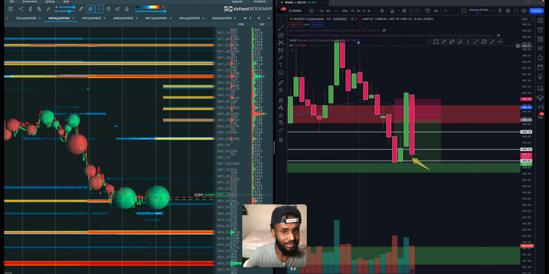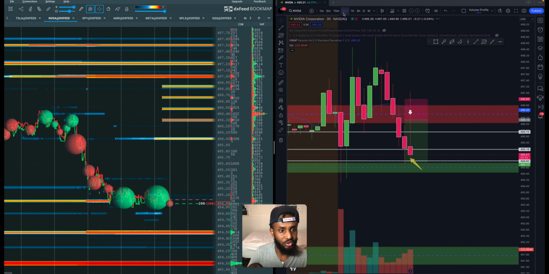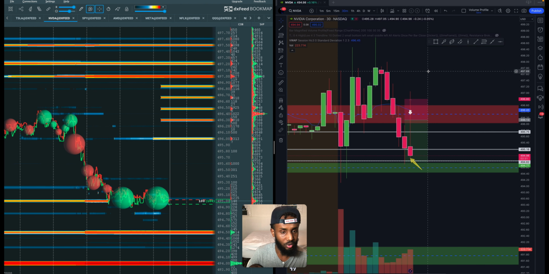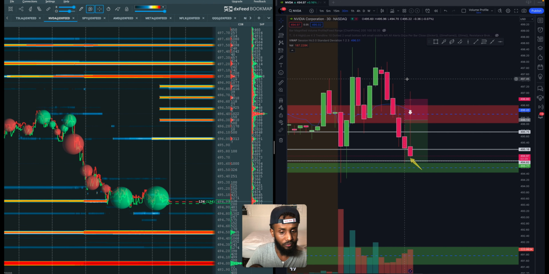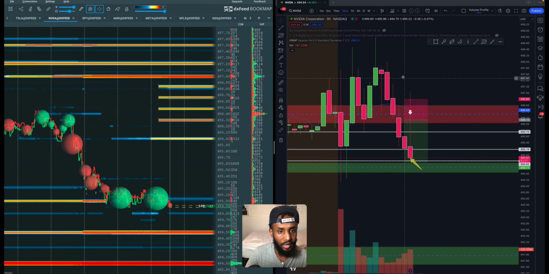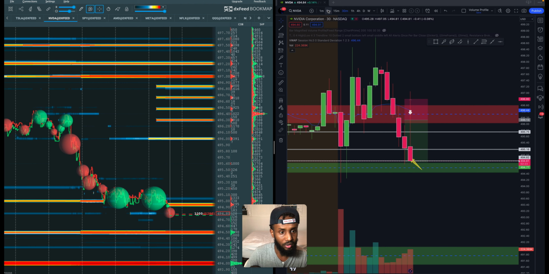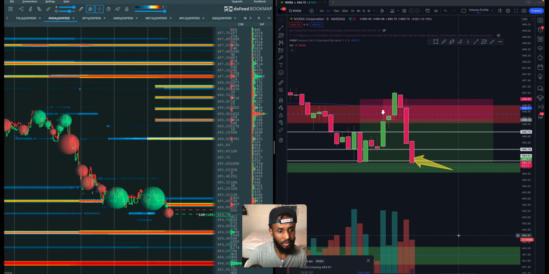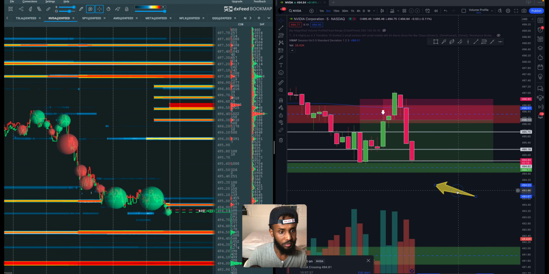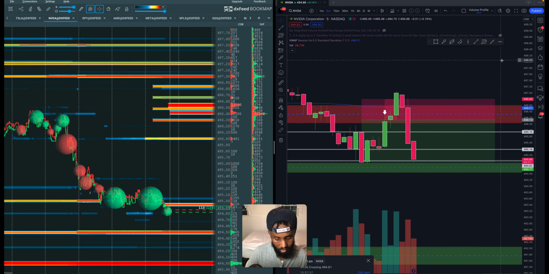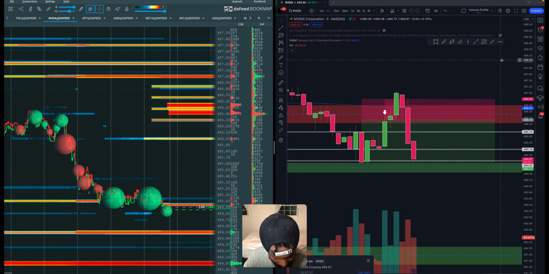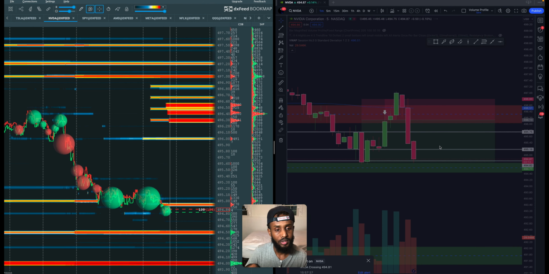I try not to get stopped out if we are just wicking on the higher time frame. So on the 30 and 15 minutes, if it's just wicks, then I hold on to my position. I wait for a true close above my stop loss. And we can see how nice this position played out for us. I could have probably made a little bit more if I held, but oh well.